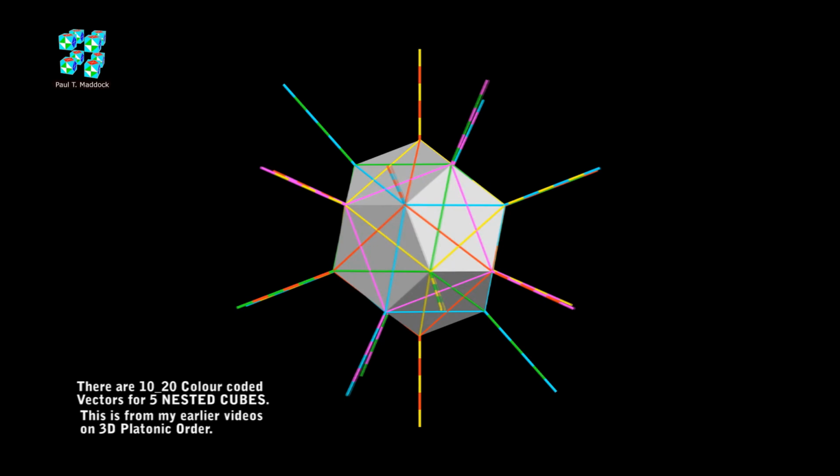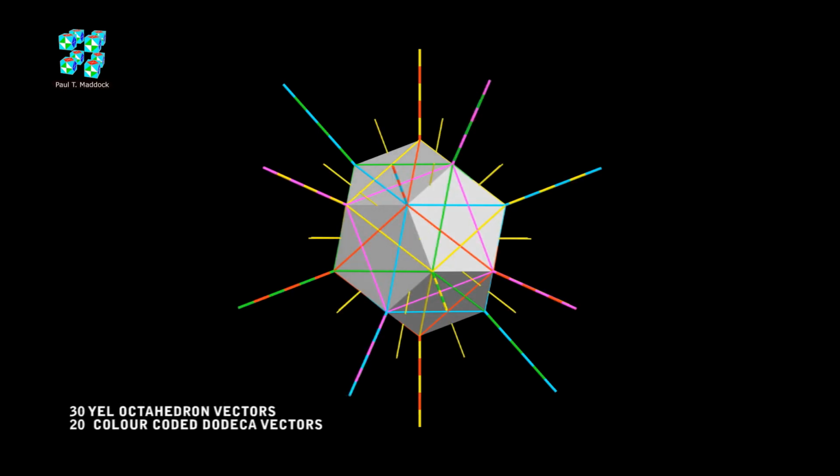Okay, now I'm going to add to the 20 vectors of the cubes the 30 vectors of the octahedron, the yellow vectors. Okay, now I'm going to hide the 20 color-coded vectors of the dodeca coming from the cubes.